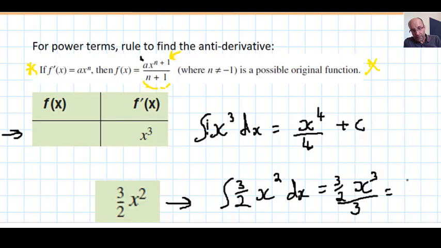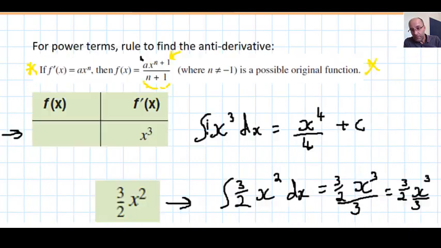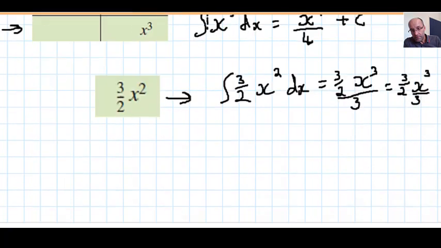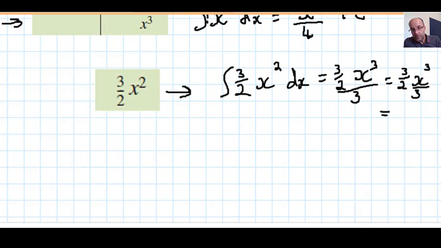So that means that we've got 3 over 2 times x cubed over 3. That will be 3x cubed over 6, or in other words, x cubed over 2.